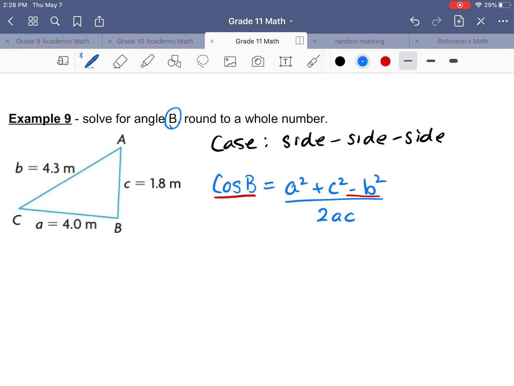Next step after our formula is to put in the information we know. So we don't know what b is, or angle B. Lowercase a is 4.0. Lowercase c is 1.8, and lowercase b is 4.3.